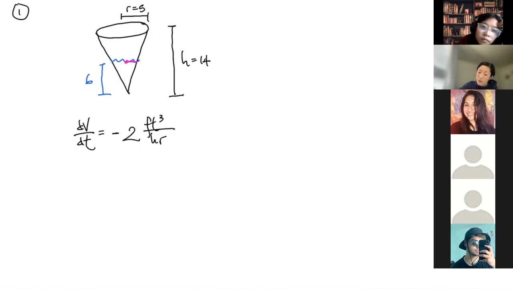So it would be important to think about a relationship to establish how much smaller it is. So let's set up maybe this ratio. The radius is 5, the height is 14. Radius, height.